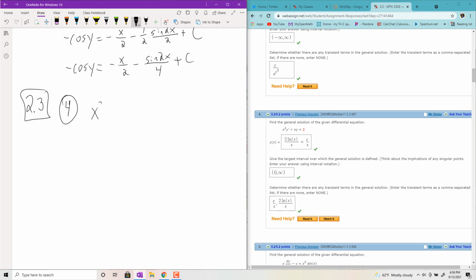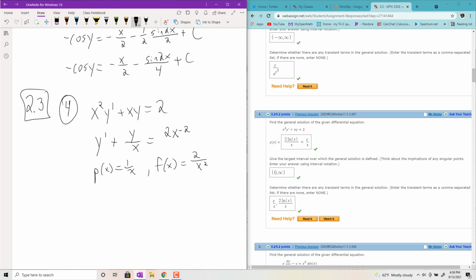So anyways, x squared y prime plus xy equals 2. This is not in standard form for a first order differential equation. You need to divide by x squared, so we actually have y prime plus y over x equals 2x squared, or 2x to the negative 2. We note that p of x is 1 over x, and then f of x, of course, is 2 over x squared.